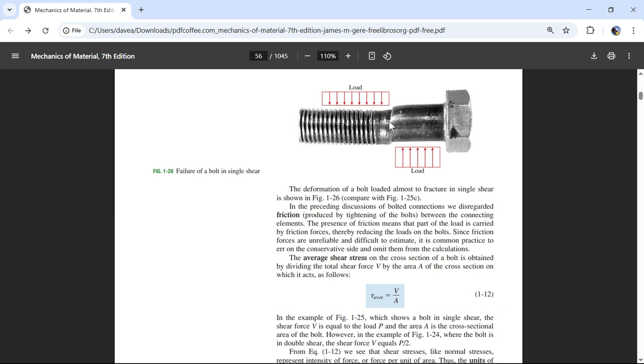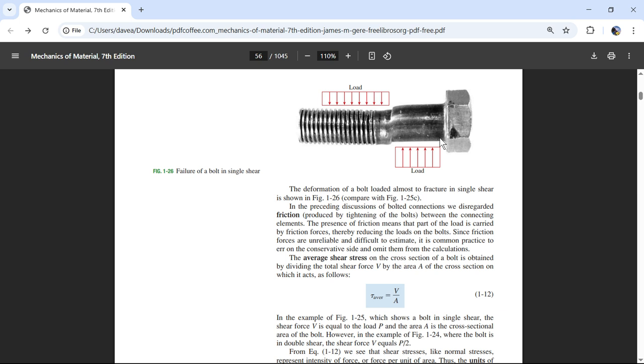But the face of that area, if we cut through the bolt, is facing the axial direction, and in tension the force is in the axial direction. That's how you can distinguish between normal tension and normal compression.